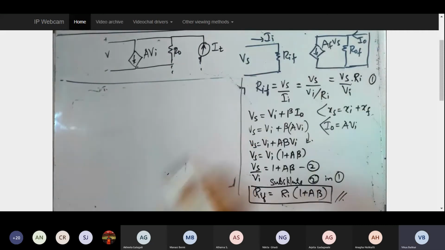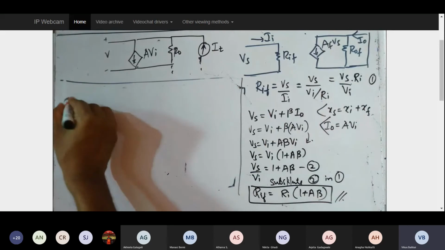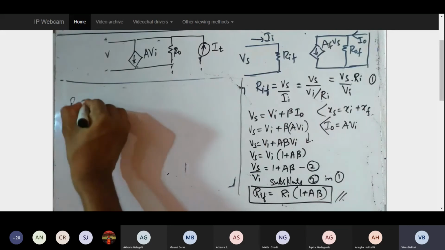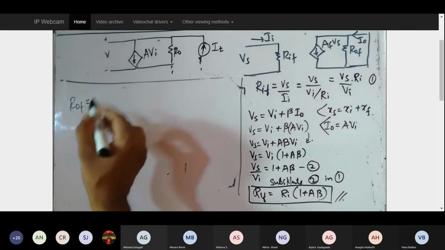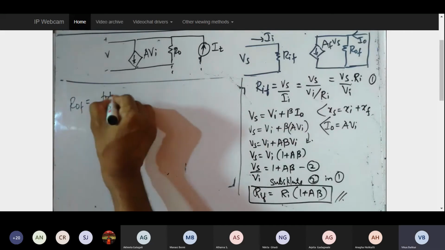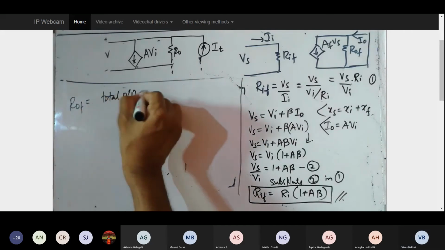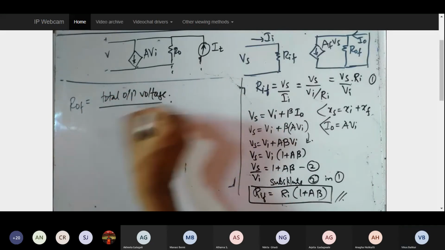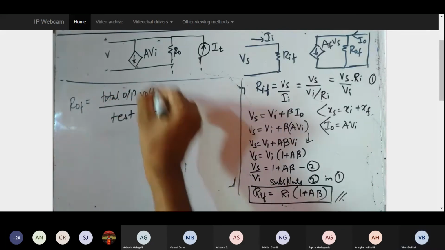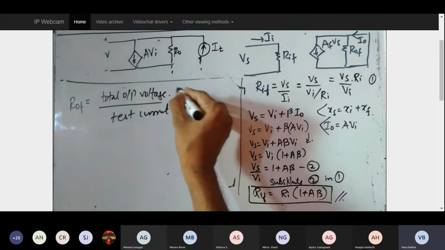So how do I do that? ROF can be obtained as, always remember, this is a standard format that I usually follow: total output voltage upon test current, V by I, that is TOV by IT.